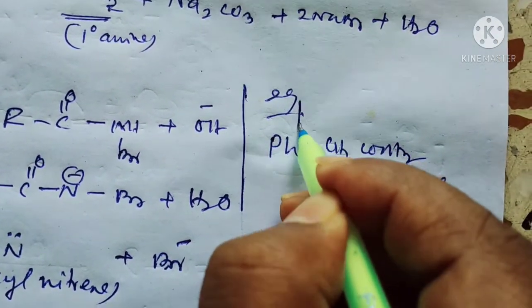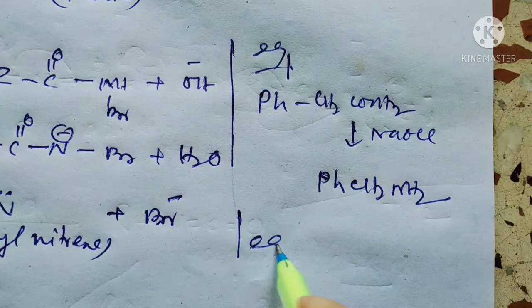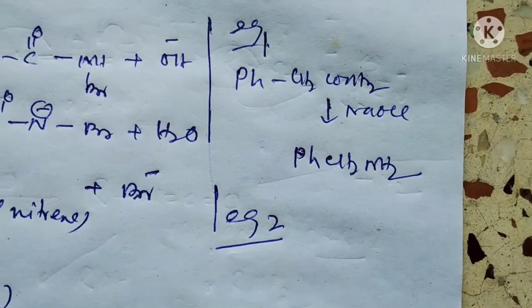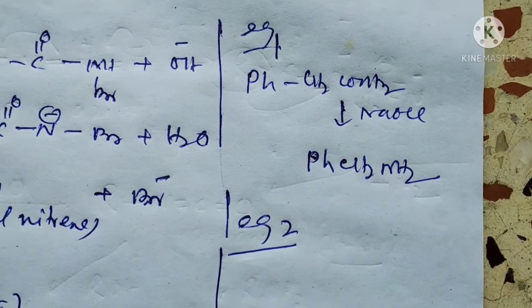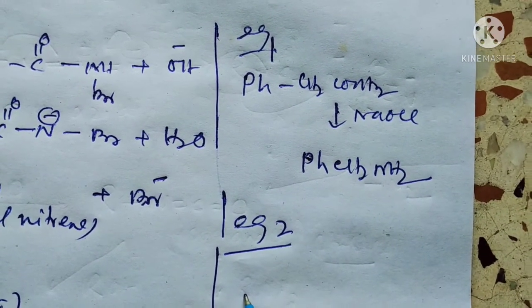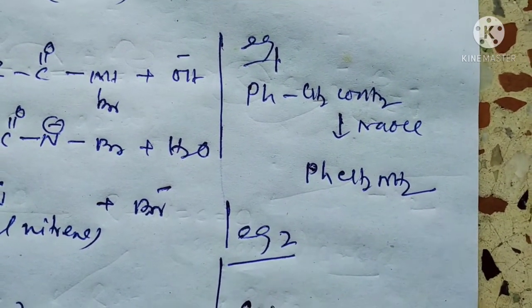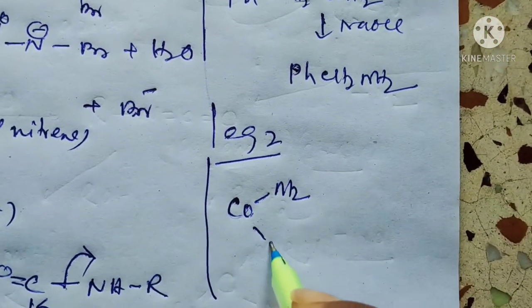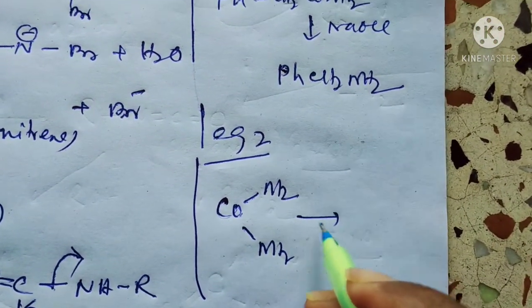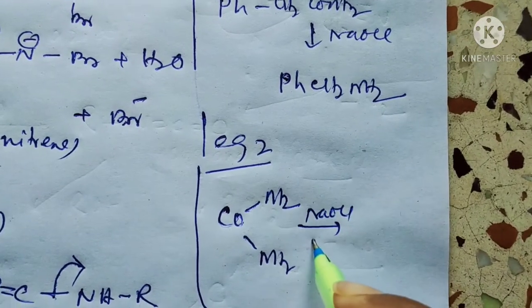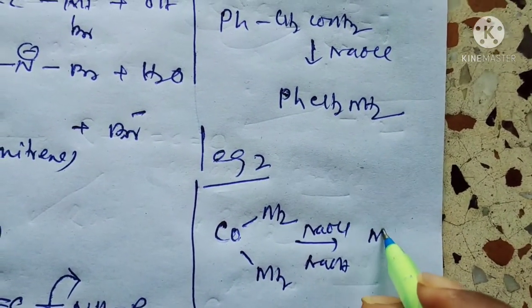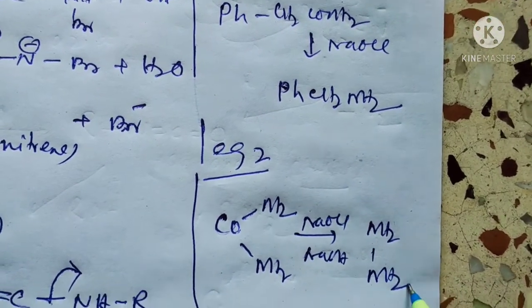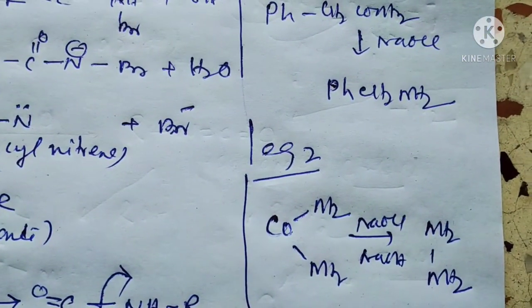This is example number 1. I am going to give you example number 2. Say urea, from urea in presence of NaOCl and NaOH, it can form this hydrazine. Okay students, so this is up to that point.